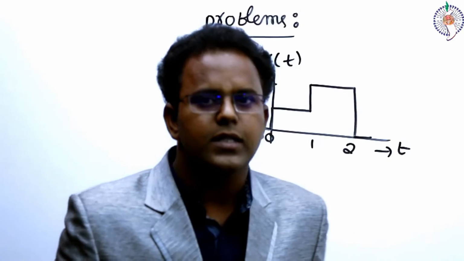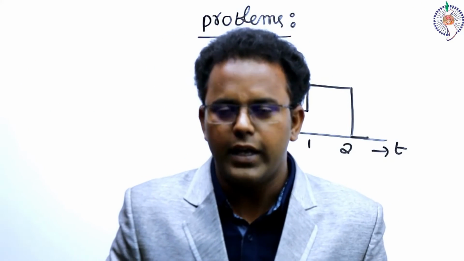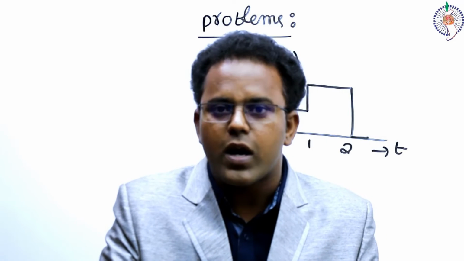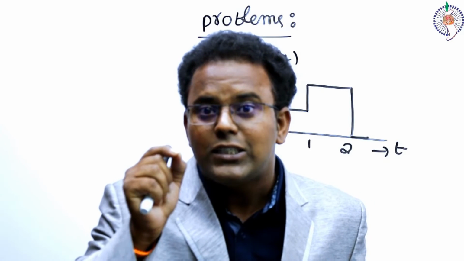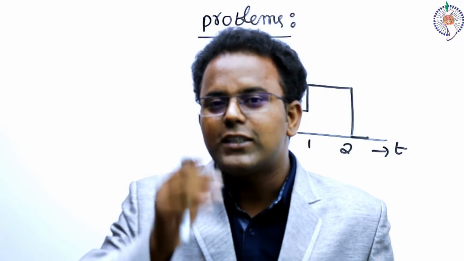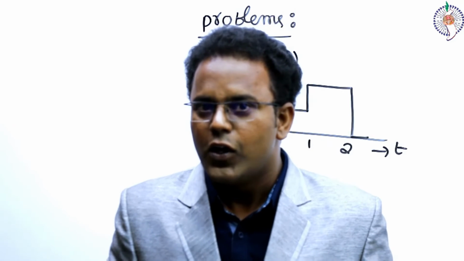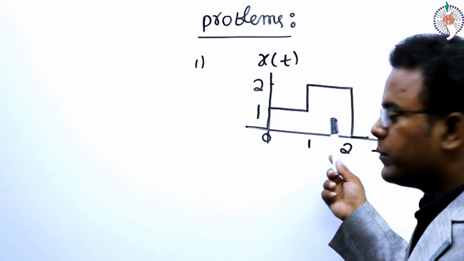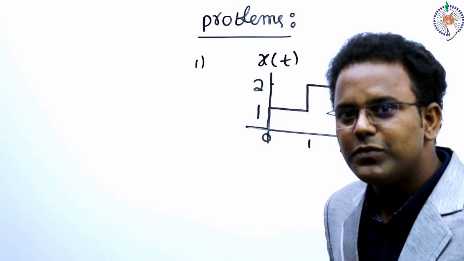First point you have to understand, student, the meaning of step is, whether u of t or t minus 2 or t plus 2, whenever there is a sudden change in amplitude, that is called the step signal. So here at what values of time are we having sudden changes in amplitude?